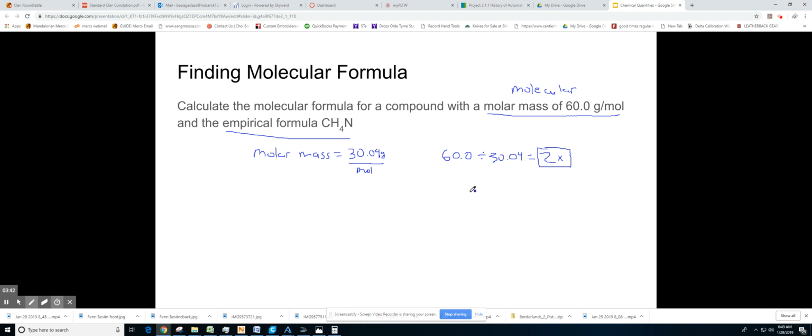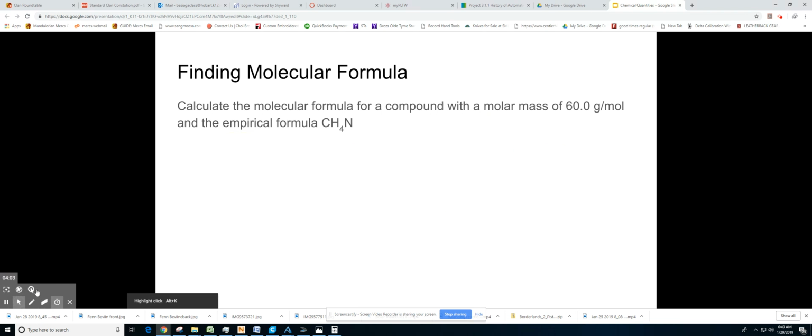So when I do that, I get the molecular formula of C2H8N2, okay? So that would be my answer. So the same 3 steps can be applied to any of these problems that I would give you, okay? I always have to give you a molar mass and an empirical formula. So let me clear this, and let's try another problem.